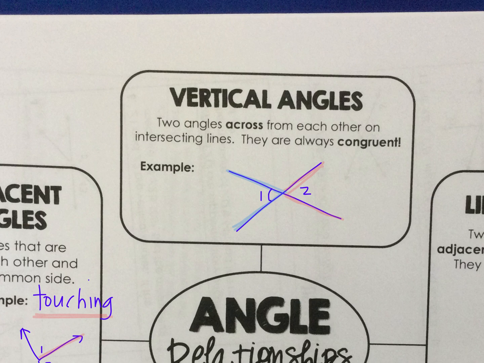So if angle 1 is 40 degrees, angle 2 is 40 degrees. These angles are also congruent with each other. So if this one is 140, this one would be 140. So vertical angles are across from each other, or you could say they're back-to-back V's.